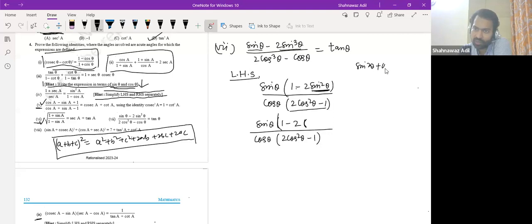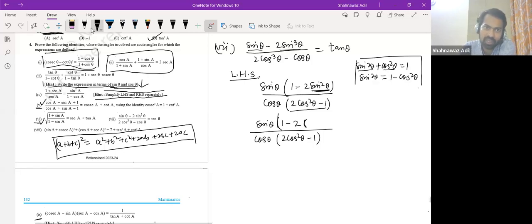Good. If I want to calculate sine square theta, then I take this term to the right hand side. So sine square theta is 1 minus cos square theta. Always remember this.